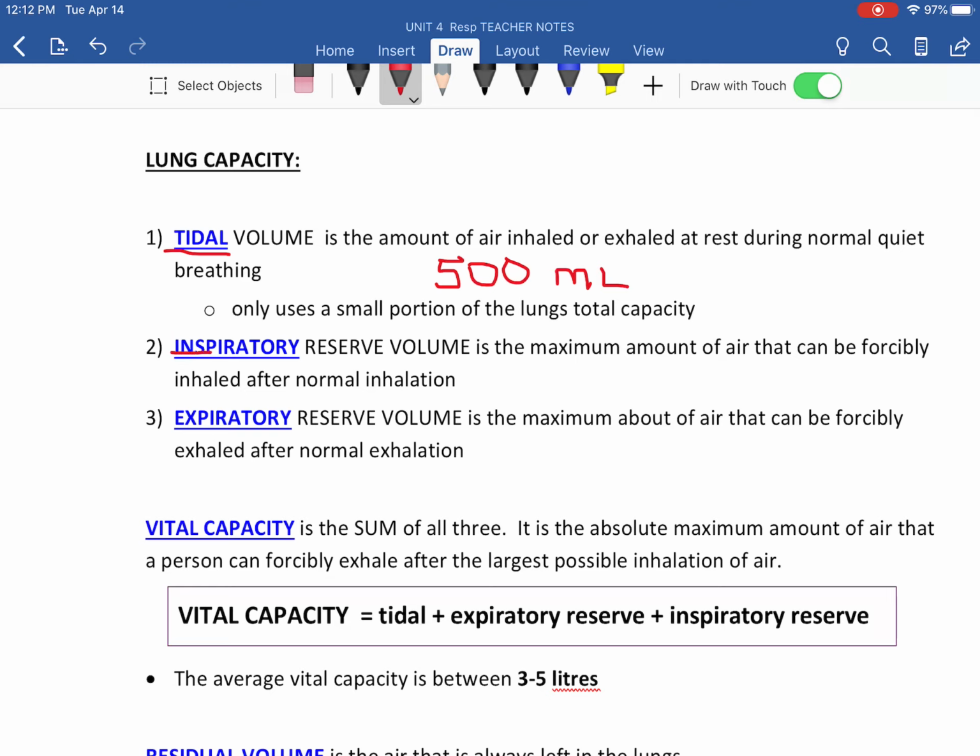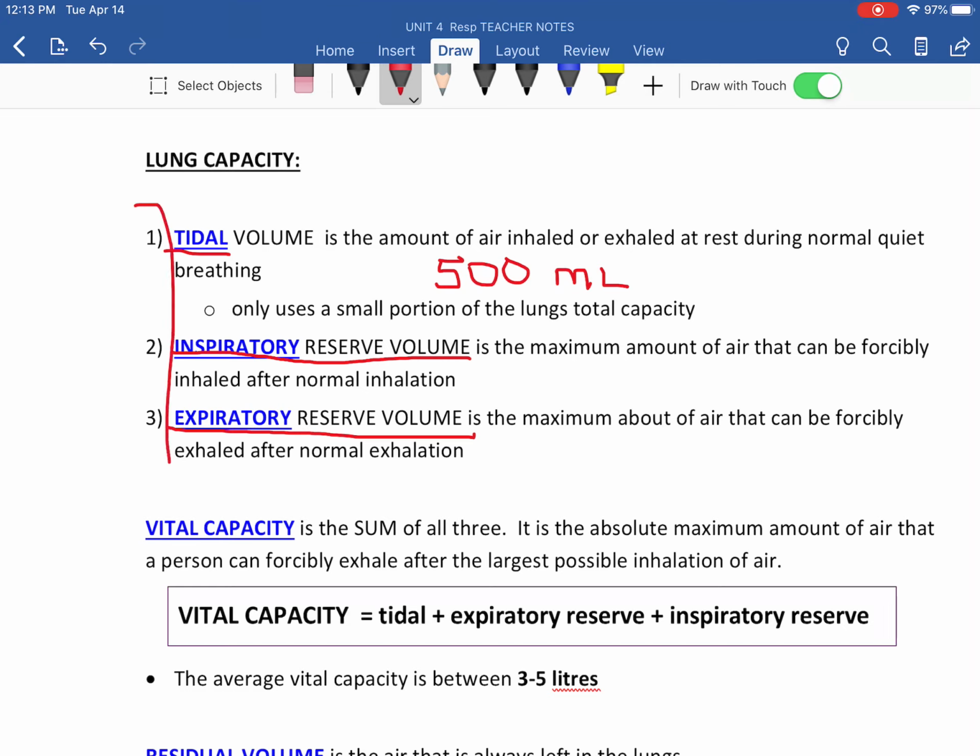Then we also have what is known as our inspiratory reserve volume. This means that you could actually forcibly inhale beyond a normal relaxed breath, which we all know we are capable of doing. Expiratory reserve volume is that extra exhale volume you have. So again, beyond your normal exhale, you could forcibly push out more air.